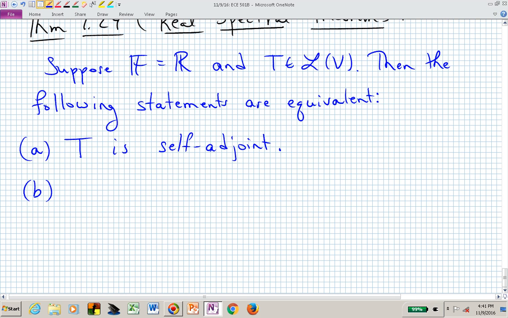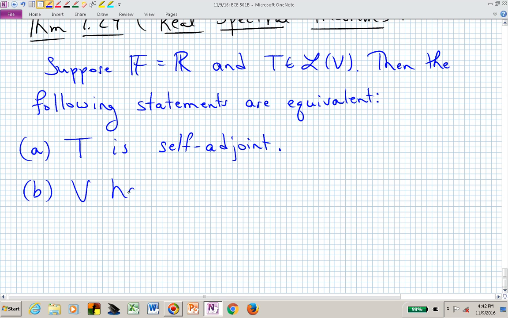That's more restrictive than when we had the complex inner product space. There we only needed the operator T to be normal in order to write down the following two equivalent statements.